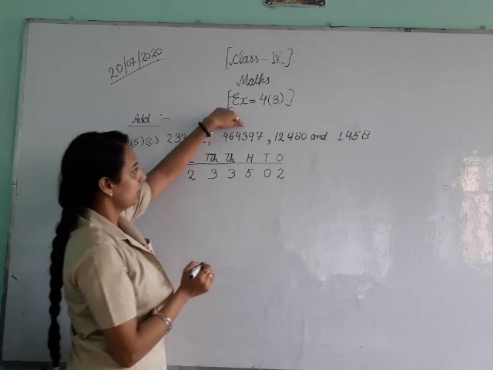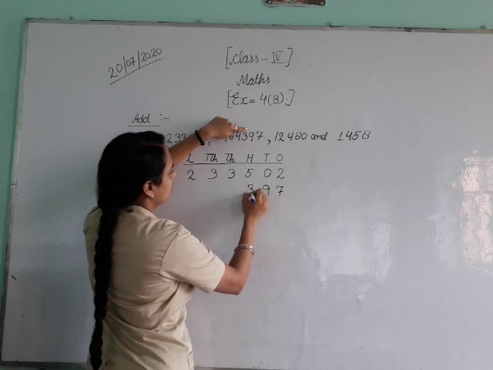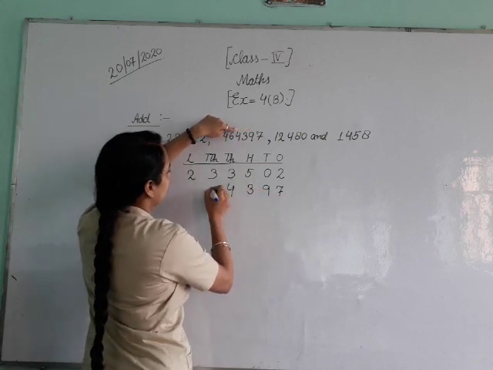Now come on to the second digit from the right hand side. 7, 9, 3, 4, 6.